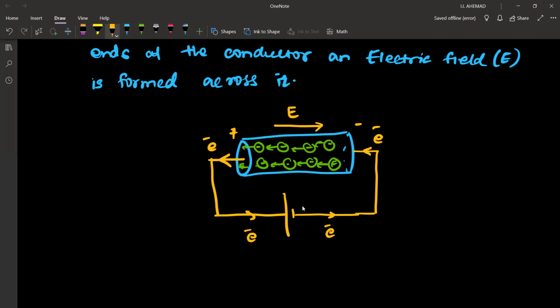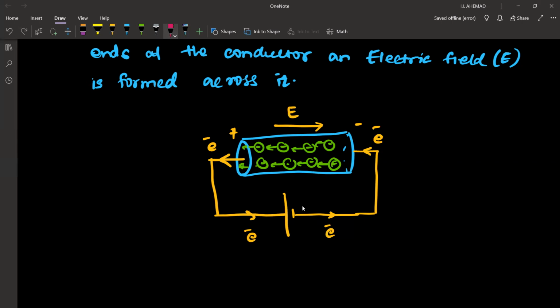Actually, who is moving here? Actually, the electron is moving, but by convention, we use positive charges. So we are going to consider these electrons as if they were positive. So what should I do? I change the direction.